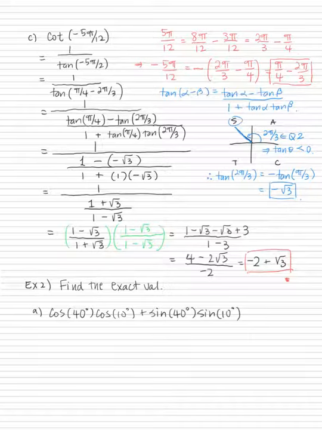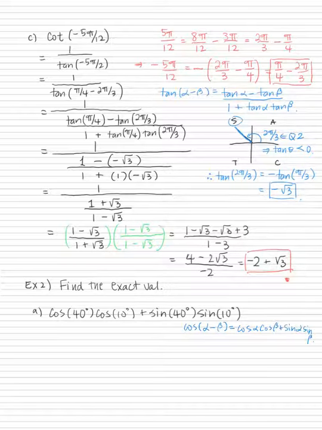So that is the formula for cosine of alpha minus beta. Let me just rewrite the formula. This equals cosine of alpha, cosine beta, plus sine alpha, sine beta.